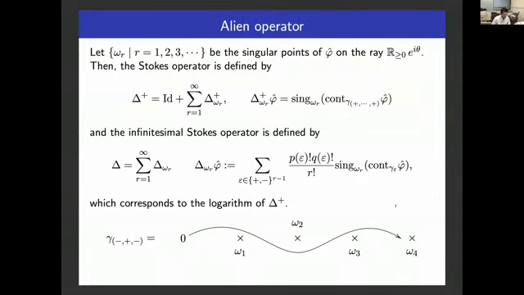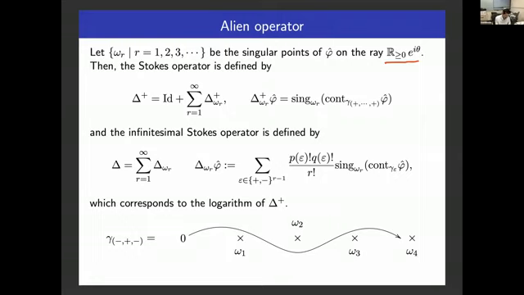So now we mention alien operators. I want to explain alien operators a little bit. So let omega_r be the singular points of phi hat on the ray r e^{i theta}. And we assume that phi hat has singular points.